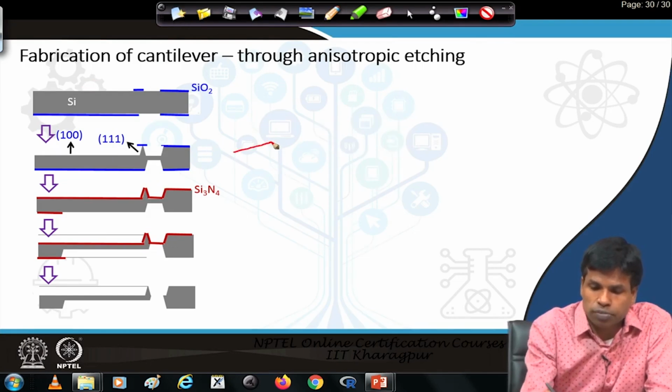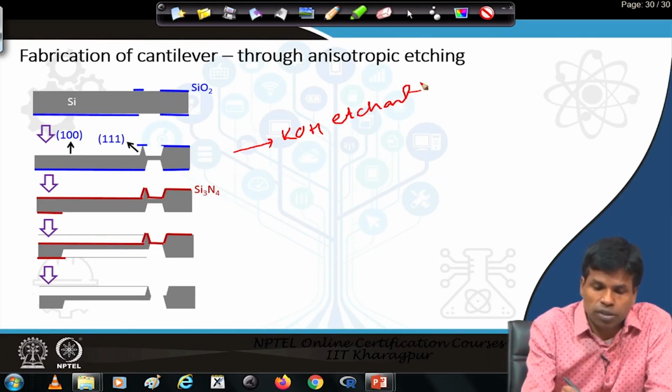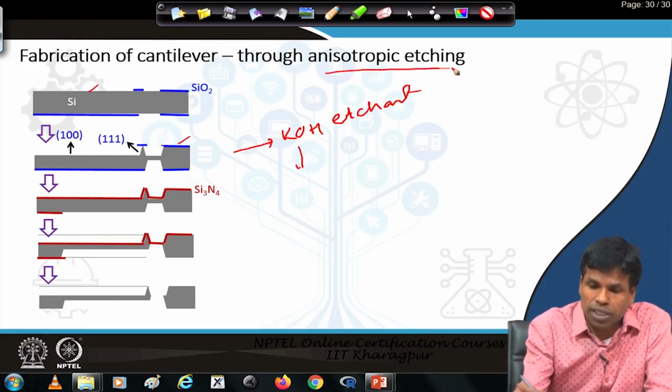So now it is put into a KOH solution. KOH is an etchant, and once put into the KOH solution, wherever it sees the silicon, it will etch away, but it cannot etch away the SiO2. But again, anisotropic etching.